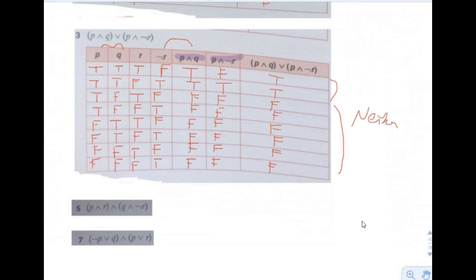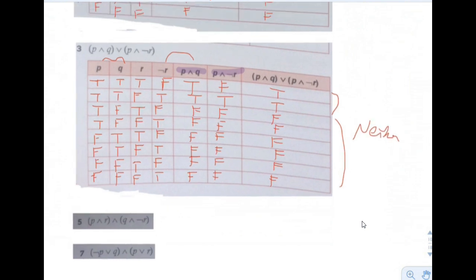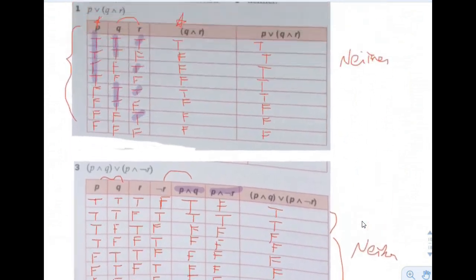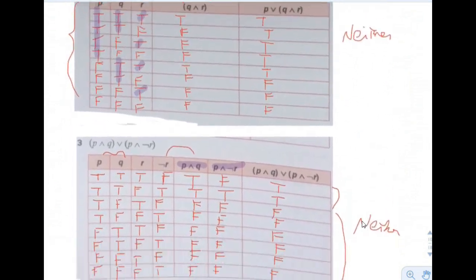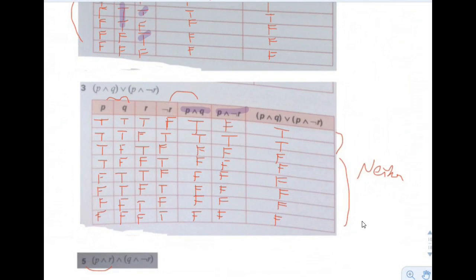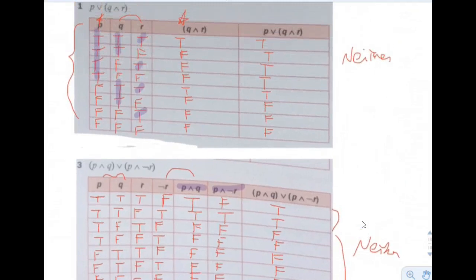Okay. Now let's see. Can we do number 5? Have we already done some combination of these? Like for example, we have P and R. Did we already do P and R somewhere? P and R? No, we haven't. Okay. And then 7, we're going to do these 2.